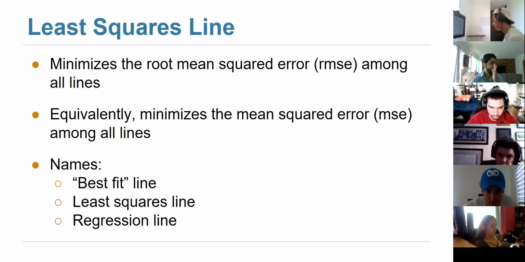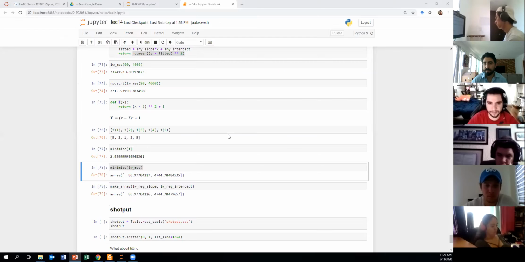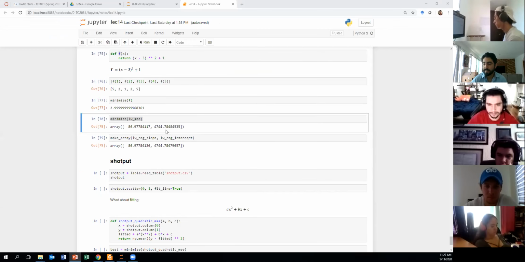Then I did my regression line using those equations. Then I showed you that even if you get the least square line, it gives you your regression line. You can look at it as a line that minimizes all the errors. So that's why it has different names: best fit, least square line, regression line.